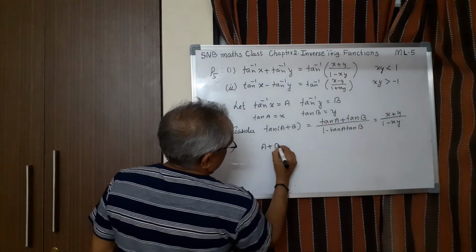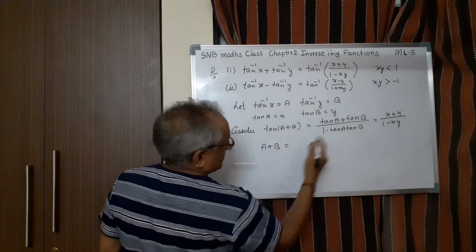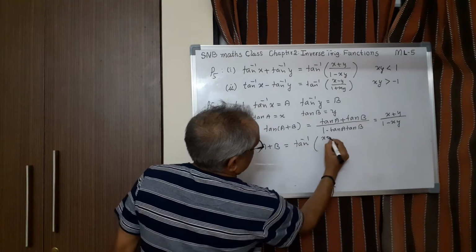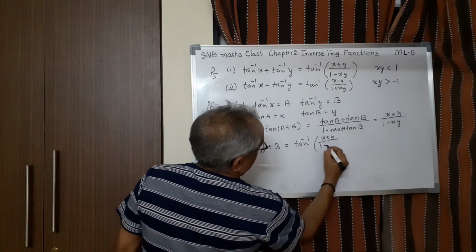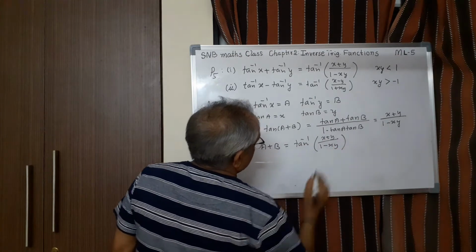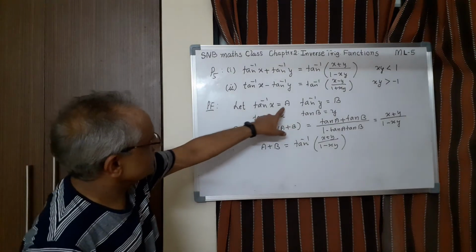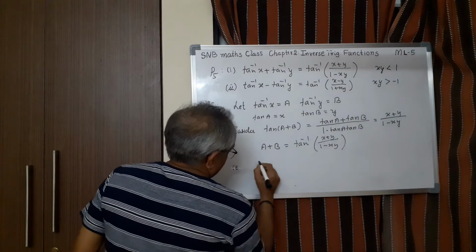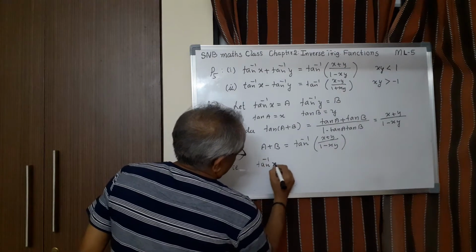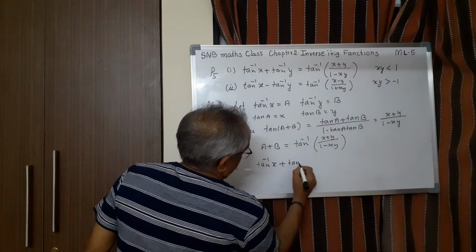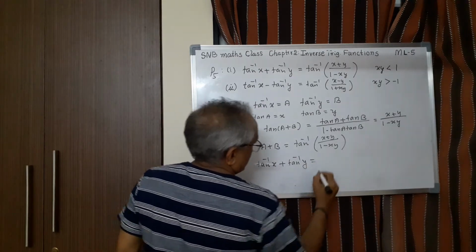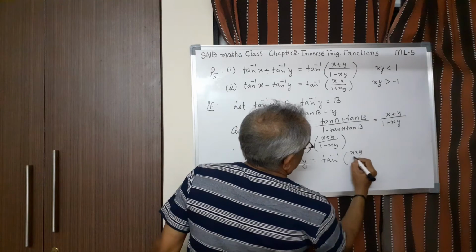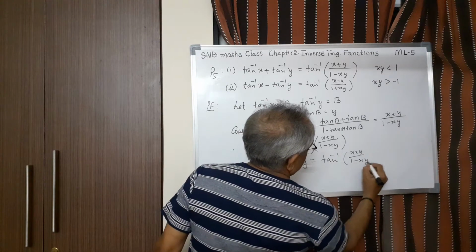Therefore, a plus b will be equal to tan inverse of x plus y by 1 minus xy. But what is a now? A is tan inverse x, b is tan inverse y. That is, replace them: tan inverse x plus tan inverse y will be equal to tan inverse of x plus y by 1 minus xy.